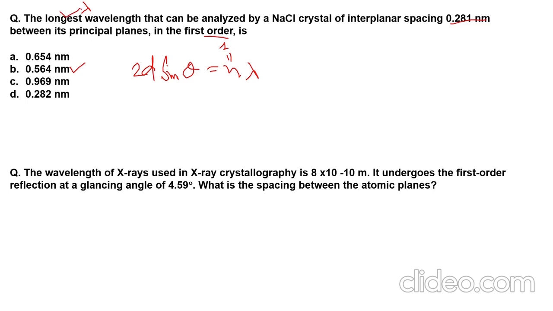If you have the longest wavelength, that means sine of theta has to be equal to 1, so this is equal to 1. So we take the overall equation as 2d is equal to lambda, right? And then we have to find lambda only, that is 2 multiplied by 0.281.